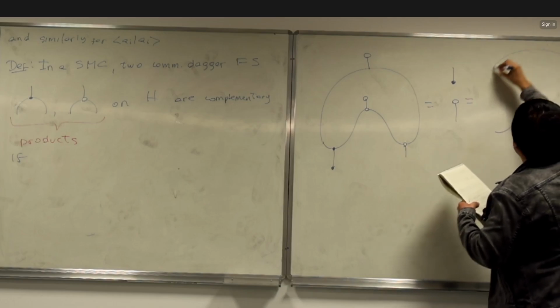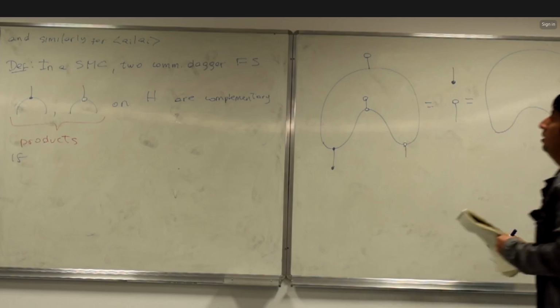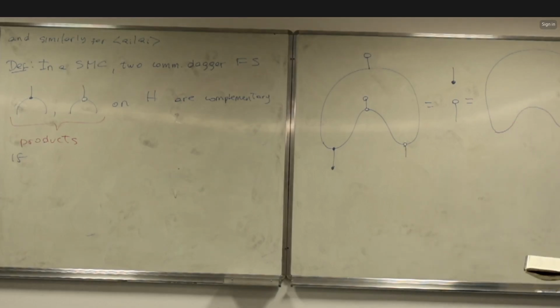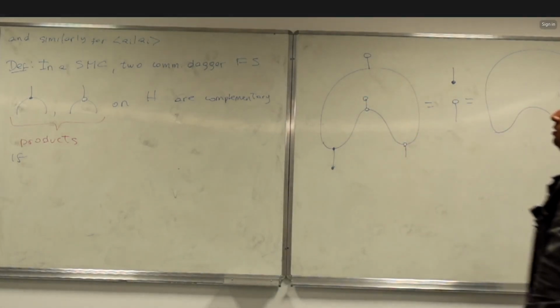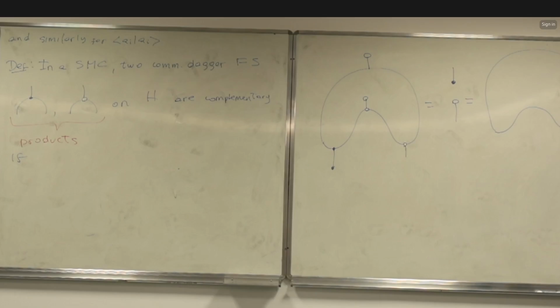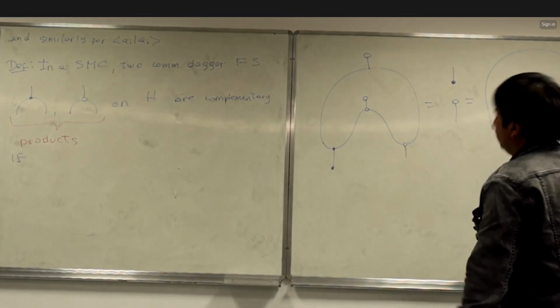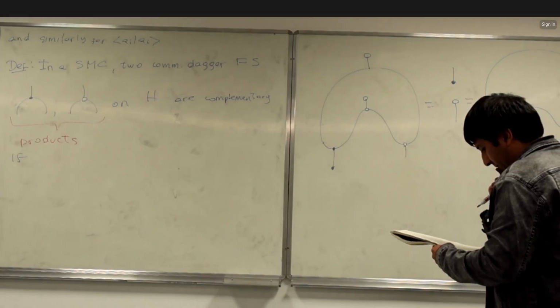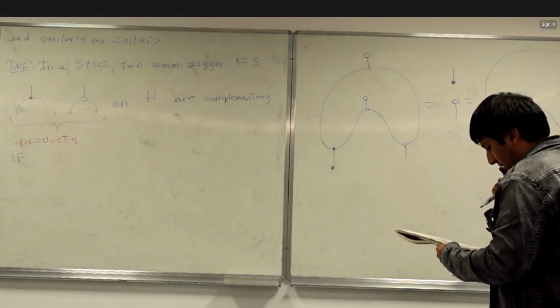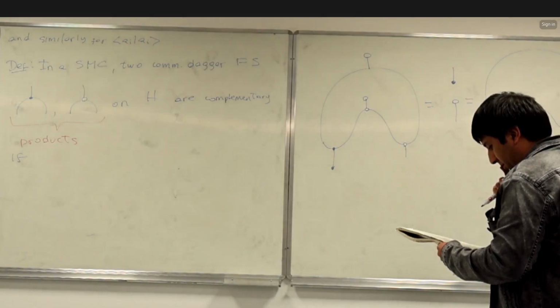Which is the circle at the top? The circle at the top should be at the intersection rather than, like, what you draw on the left has one input and no output. Yeah, whereas what you draw in the middle has one input and one output. Okay. Maybe I am omitting something.